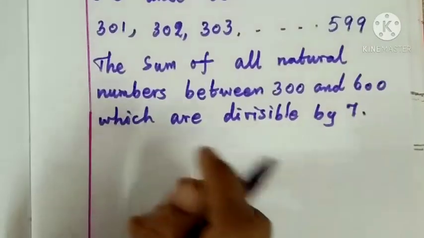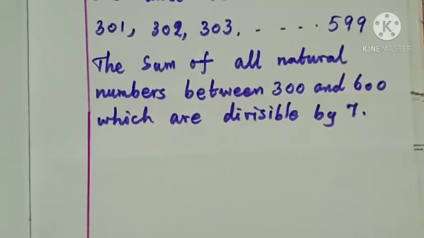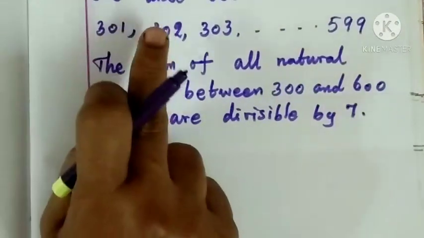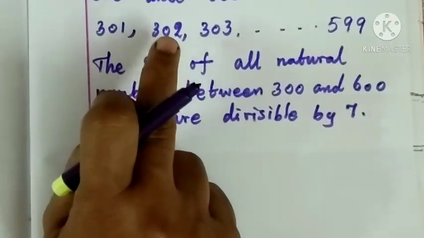That is, first you have to find the first number which is divisible by 7.